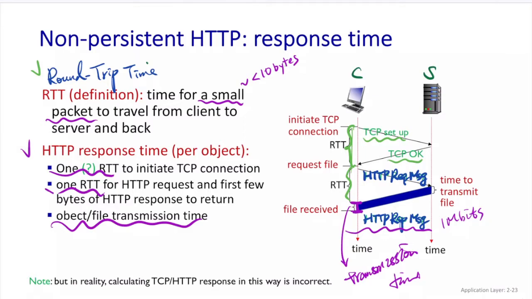So it takes that much time to transfer one single object from the server to the client. If you have 11 objects to retrieve from the server to the client, you need 11 times 2 RTT plus the transmission time. So it is very inefficient, right? It is very inefficient.